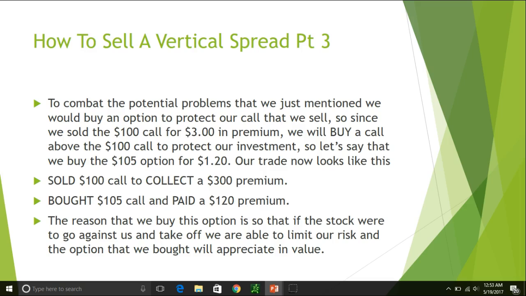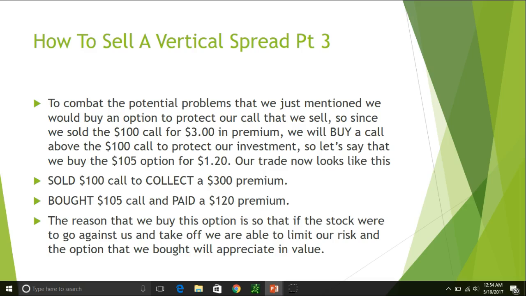The other great thing about this is that going into this trade, you know exactly where your break-even points are going to be, exactly how much money you can possibly lose on this trade, and how much money you can make, so you know everything up front. You can also tailor these trades. If you're only comfortable with losing maybe $100, then you can tailor your trade so that you can only lose $100.